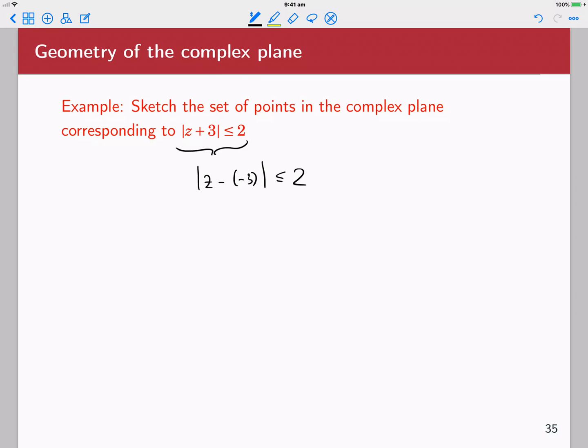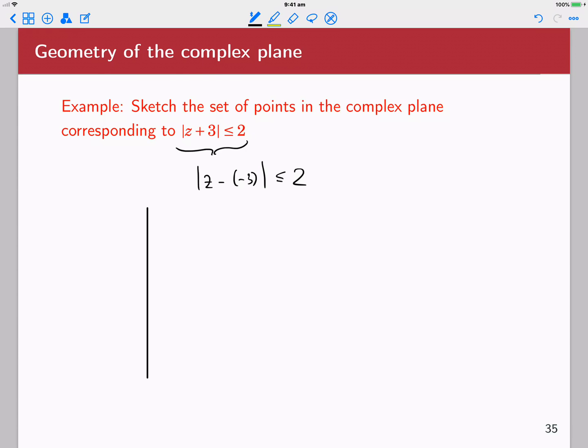So remember what we said before. In one of the examples that we did, we said if you have the modulus of z minus w, that means the distance from z to w. So this is just another way of saying that the distance from z to the point negative 3 is at most 2.